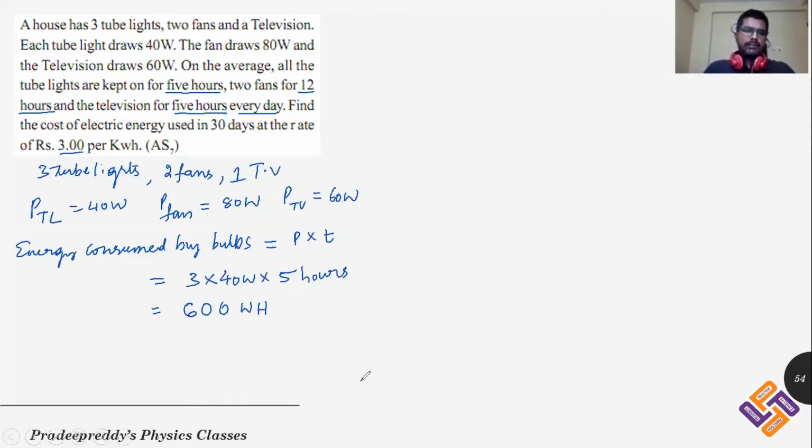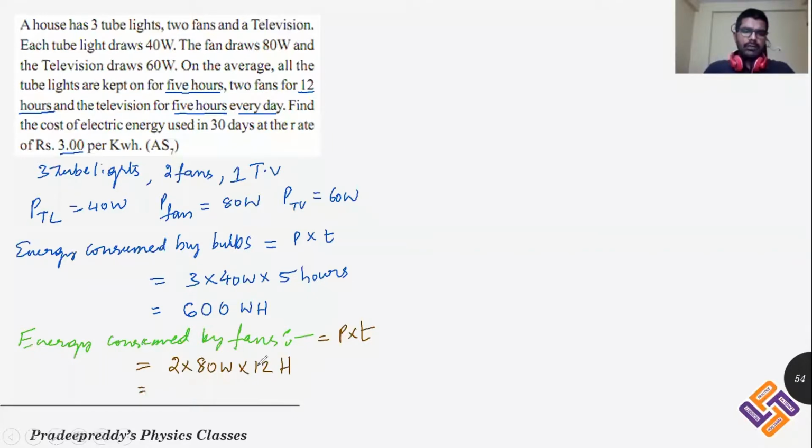And next, energy consumed by fans. Energy consumed by the fans is equal to power into time taken. How many fans are there? 2 fans are there. Each fan has 80 watt power and they are operated for 12 hours a day.